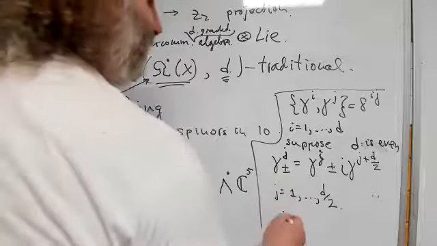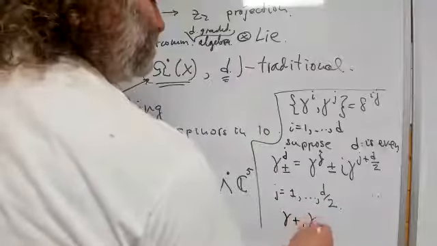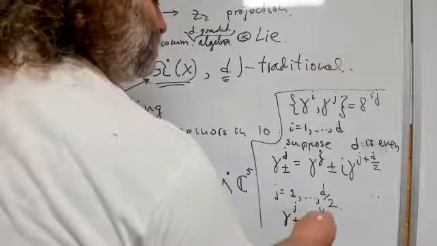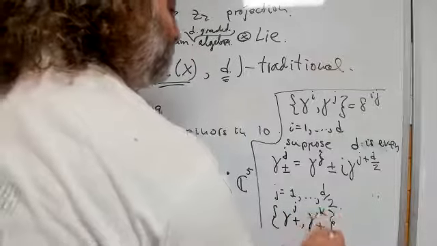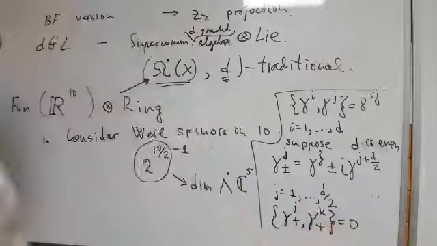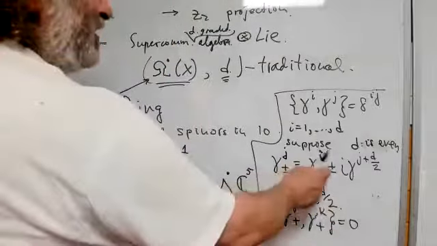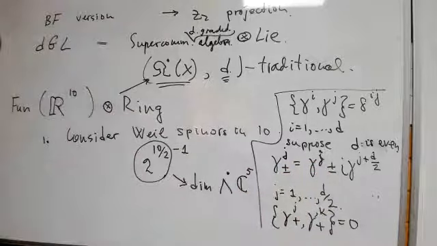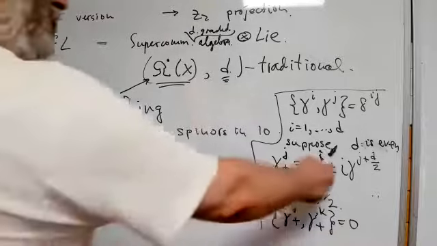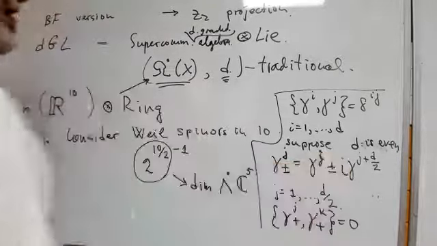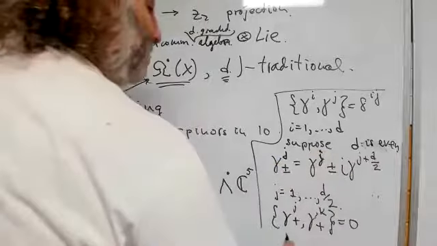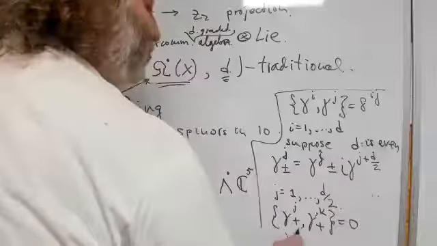It's easy to check that these anti-commute. We have cancellation of commutations because of the i. And the same is true for minus.